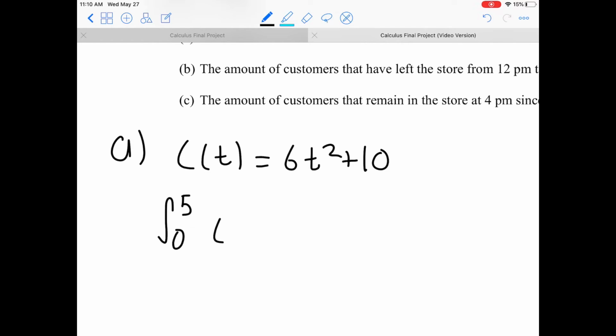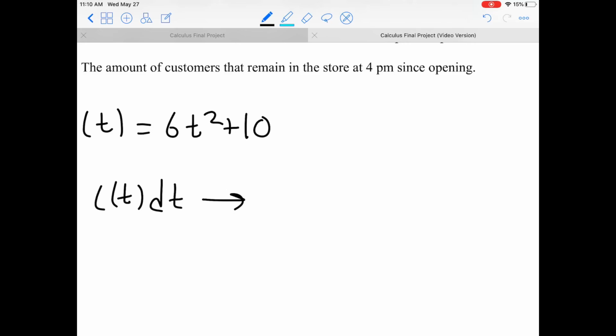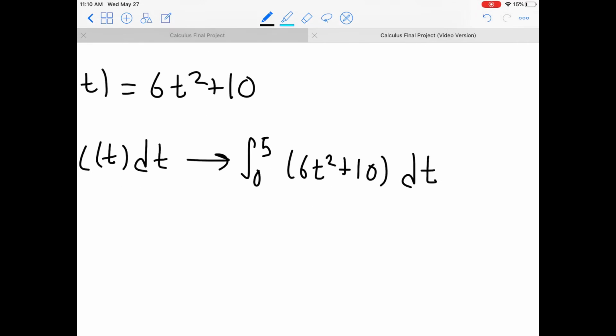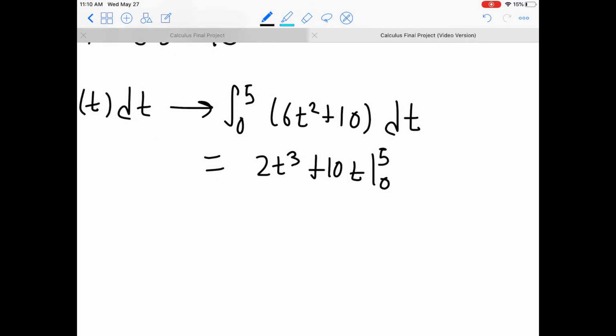So the integral from 0 to 5 of c of t dt, we're going to use that to solve this problem, which then if we plug in the function for c of t, we get integral from 0 to 5 of 6t squared plus 10 dt. Next, if we anti-differentiate the function, we get 2t cubed plus 10t evaluated from 0 to 5.